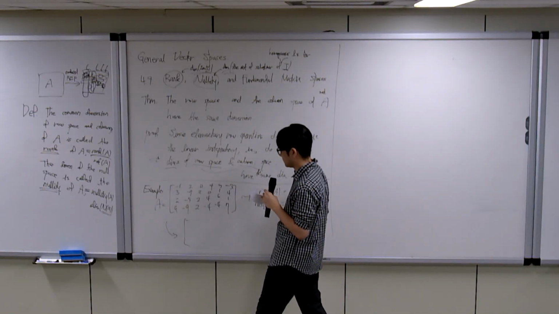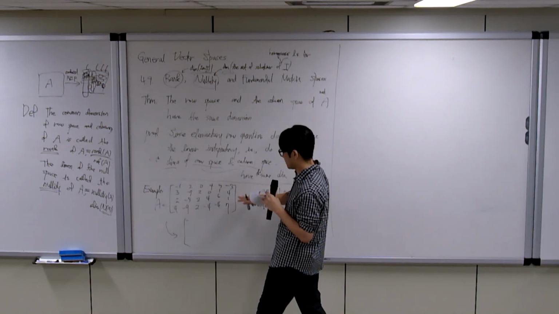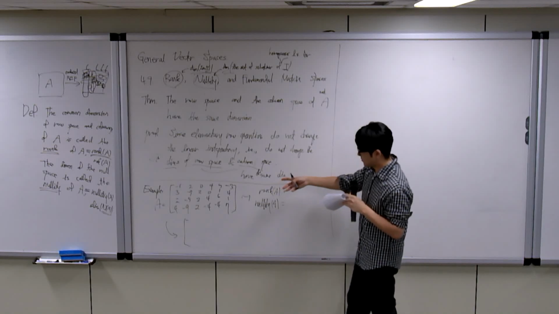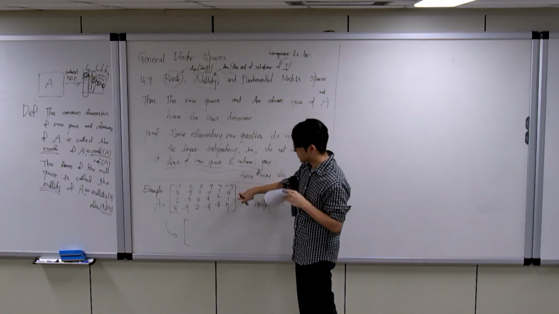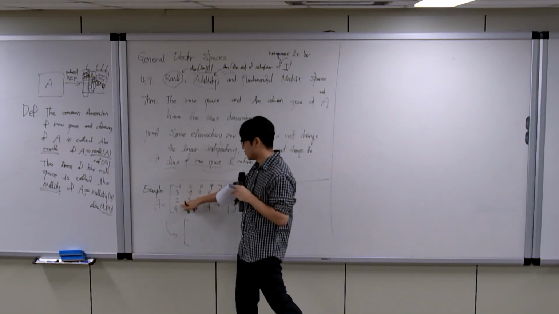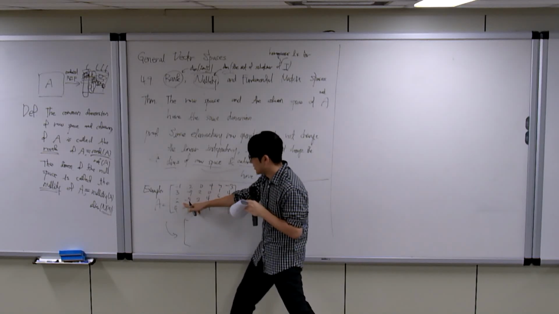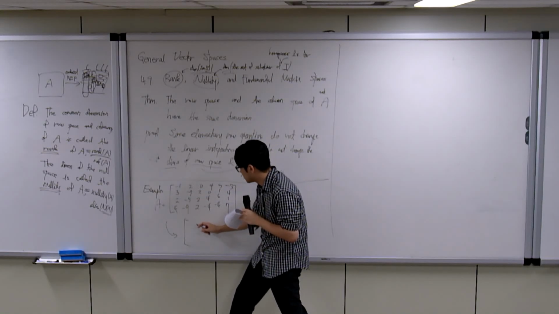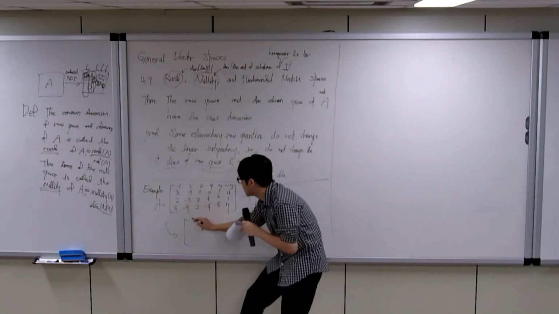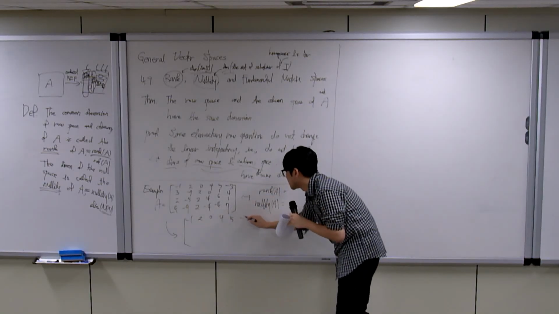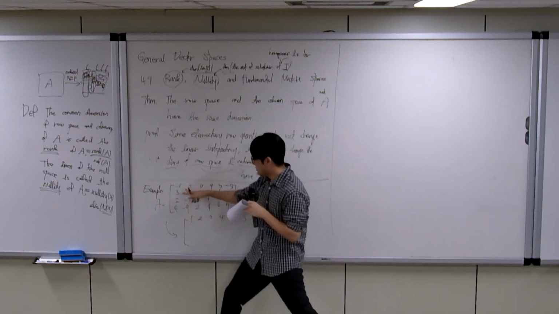Firstly, by adding the first row and minus 2 times the third row, we will remove the second row.